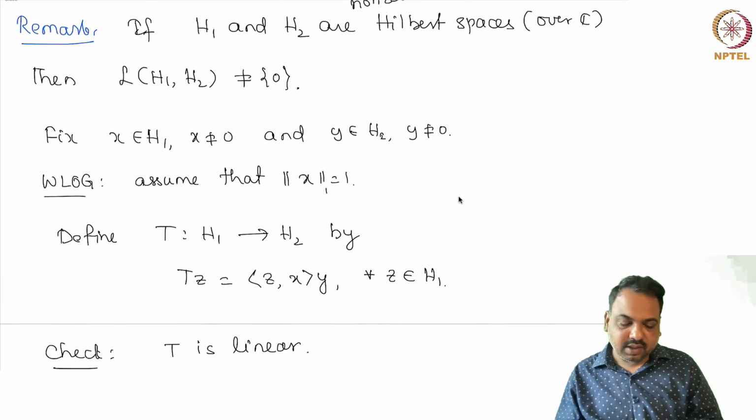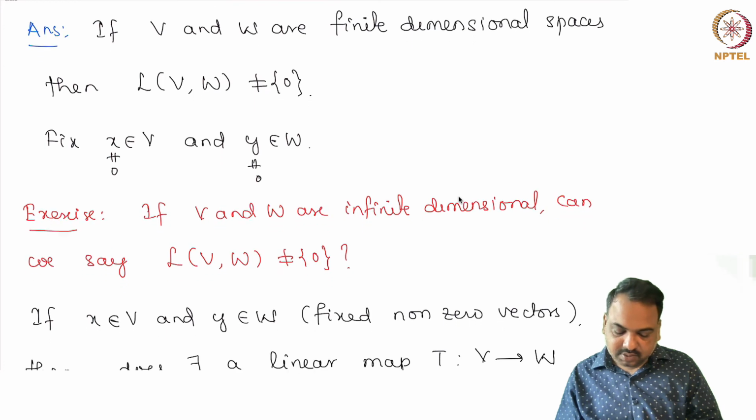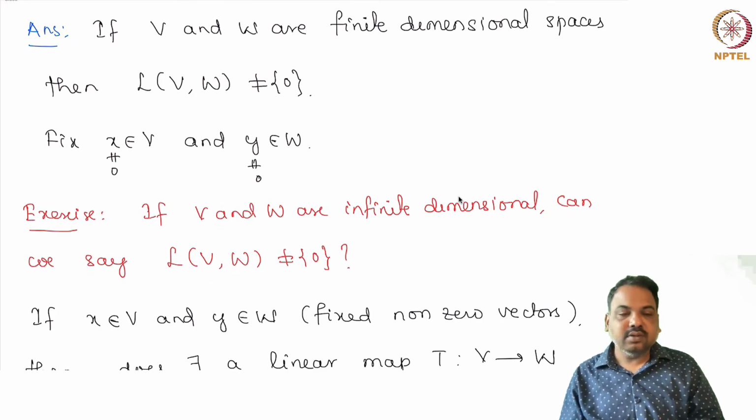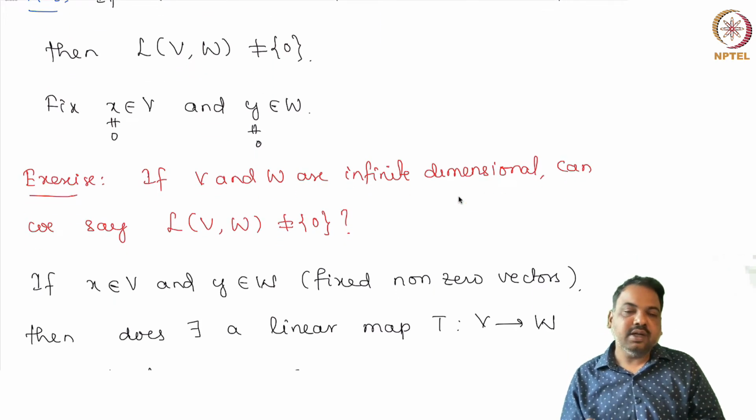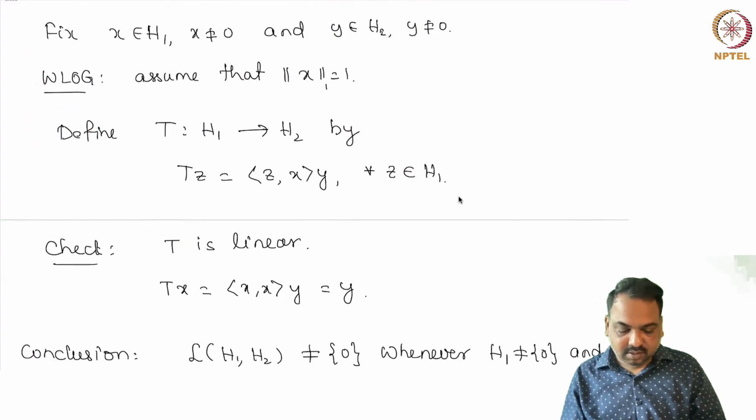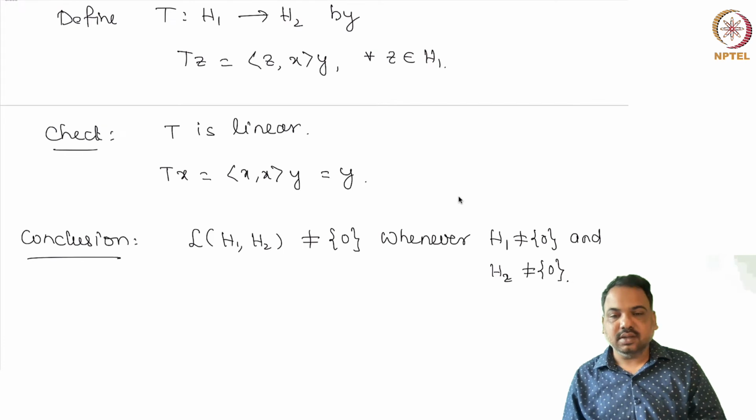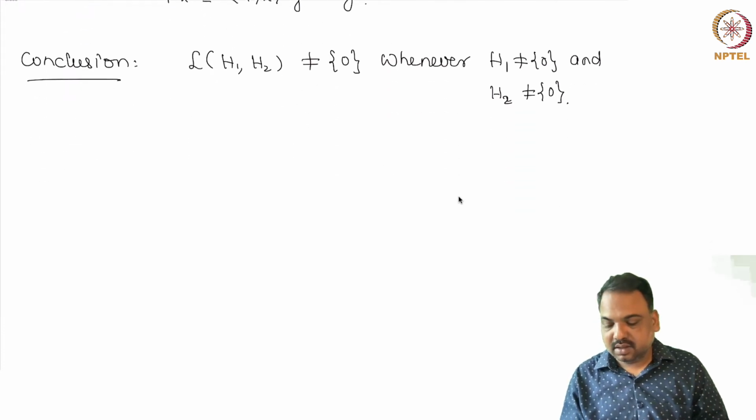In the case of vector spaces also, the result is true. That means L(V,W) is non-zero, but we have to take two non-zero vectors x in V and y in W respectively, and find a map which sends x into y. In the Hilbert space setting, this is very easy.